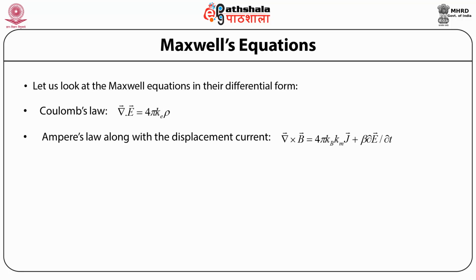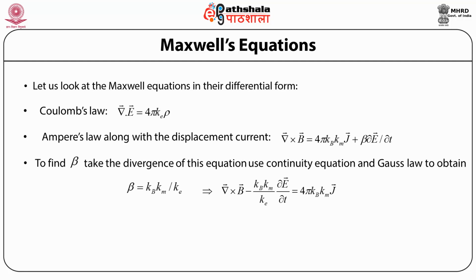The factor Kb Km comes from earlier equations, and beta is defined as follows. Now on taking the divergence, we use the continuity equation for del dot J vector, and from Gauss law we can obtain that beta is equal to Kb Km by Ke, which implies that del cross B vector minus Kb Km by Ke into del E vector by del t is equal to 4 pi Kb Km into J vector.